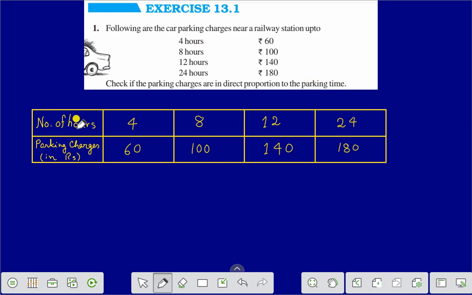Here we have taken the number of hours 4, 8, 12, 24 and the parking charges 60, 100, 140 and 180. Let us check whether they are in direct proportion or not.